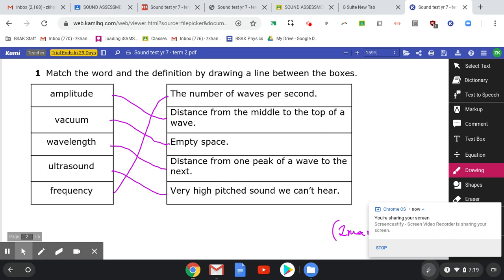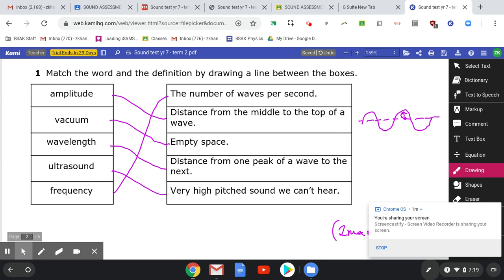So those of you who forgot what that actually looks like, if I draw a wave out, that dotted line is the middle, and then that distance there is the amplitude. So from the middle of the wave to the top of the wave, that distance is the amplitude. Okay, right. The next one, the vacuum, is empty space, no particles.